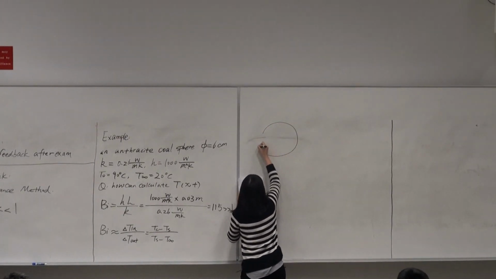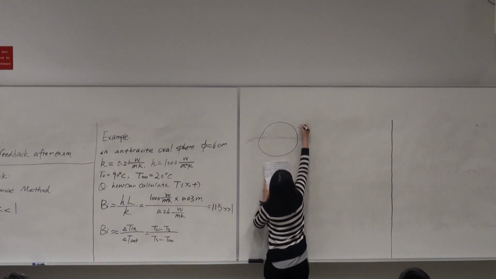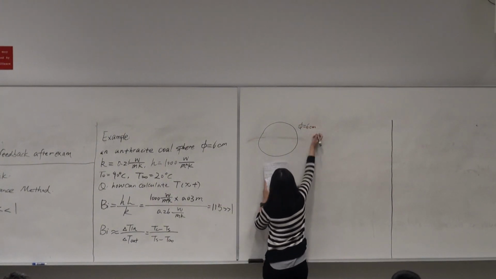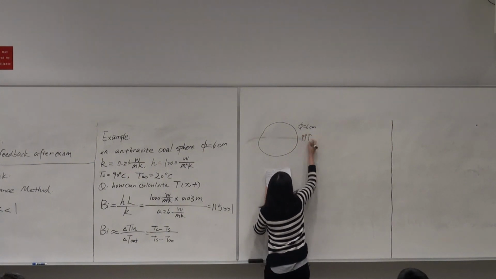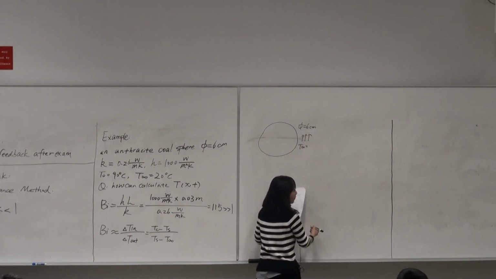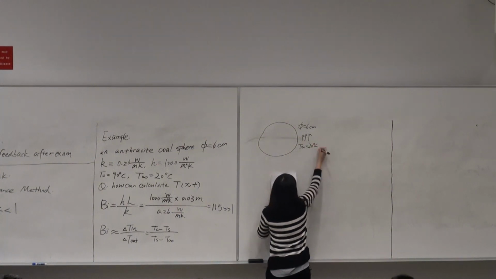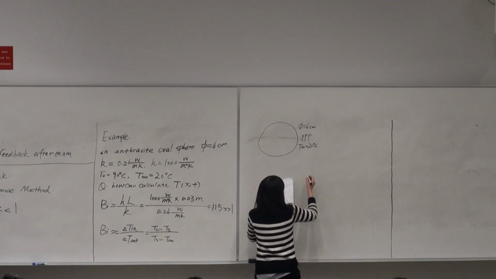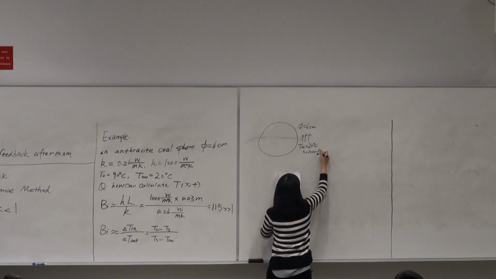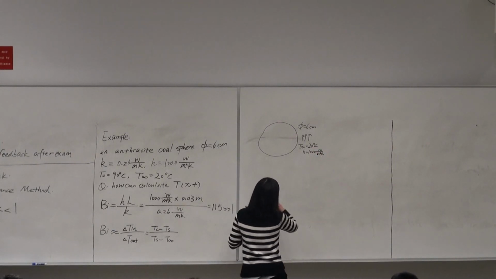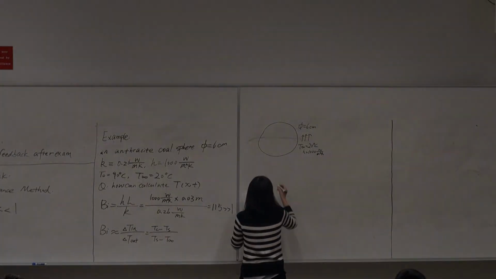The same sphere with a diameter of 6 centimeters is immersed in moving water of 20 degrees, with 1,000 watt per square meter Kelvin for the convection heat transfer coefficient.